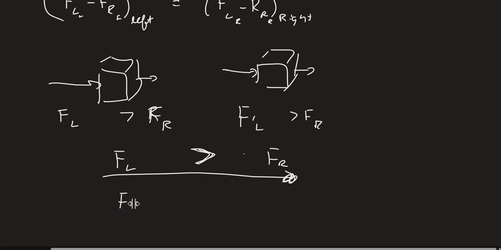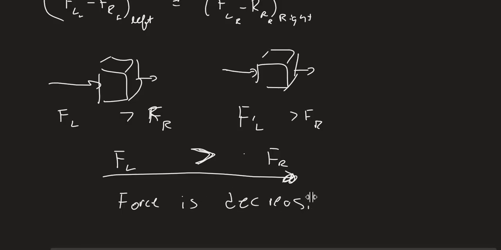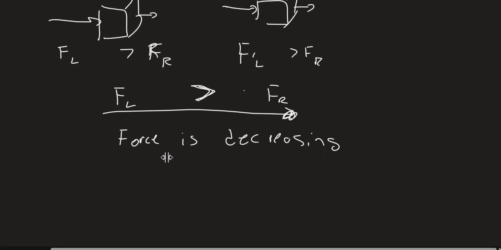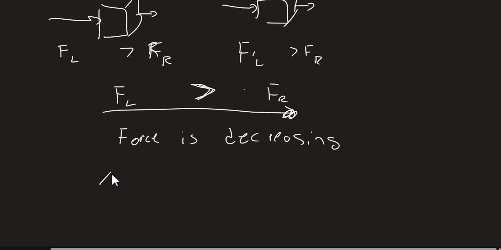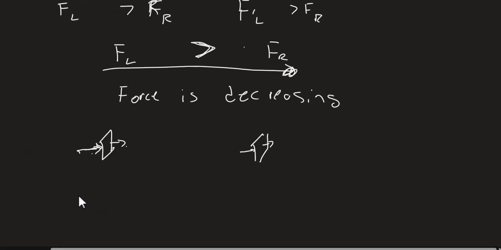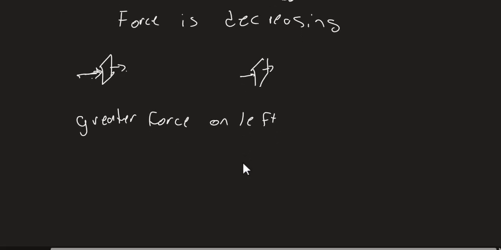So the force is decreasing as we go across the bucket. And so when we're on the block on the left, both of these forces are greater than both of these forces. And so we have a greater force on the left. And we know that pressure equals force over area.